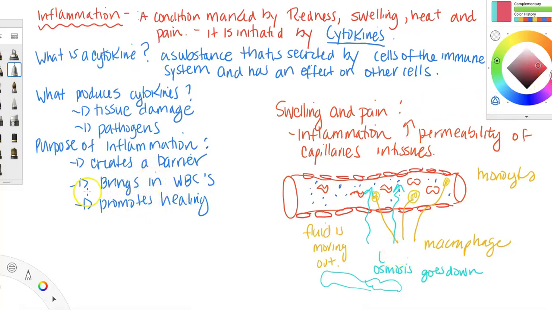The redness and heat, so that comes from vasodilation. So the cytokines are stimulating vasodilation, and that's bringing in more blood.